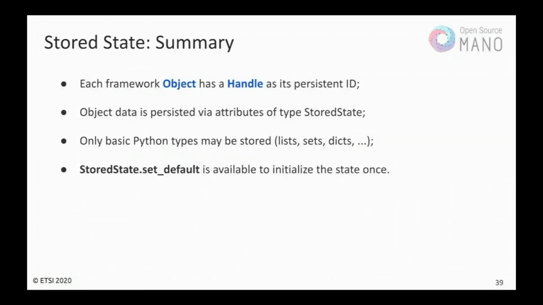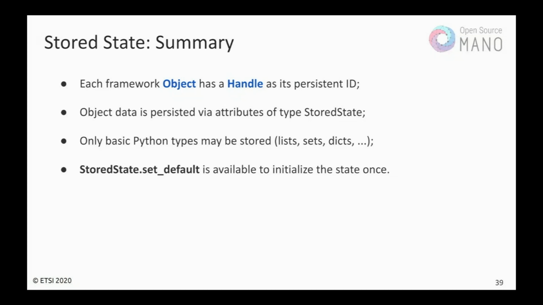So to summarize what happens underneath, each object in the framework has an identifier that allows the framework to persist that data across root executions and restore it automatically.